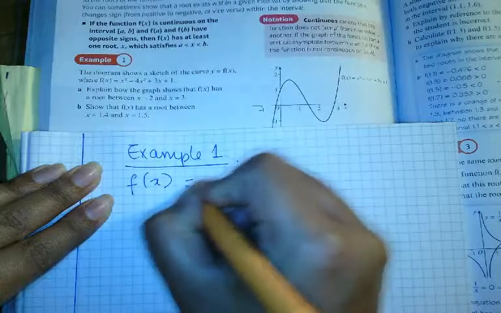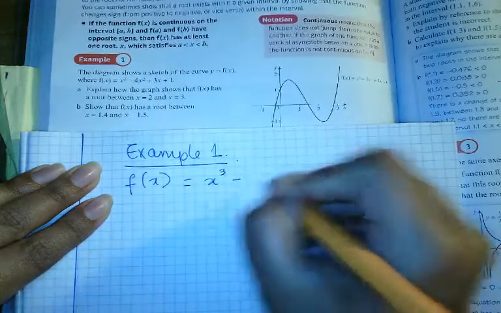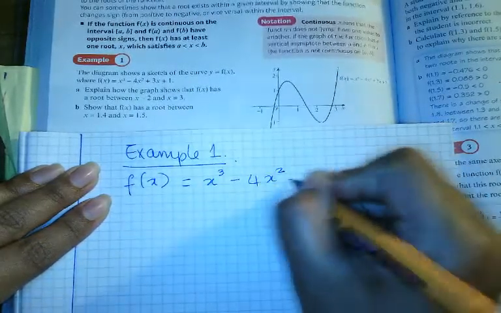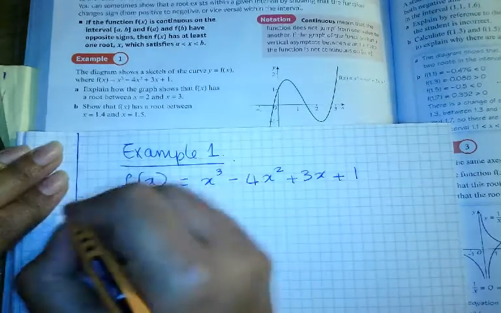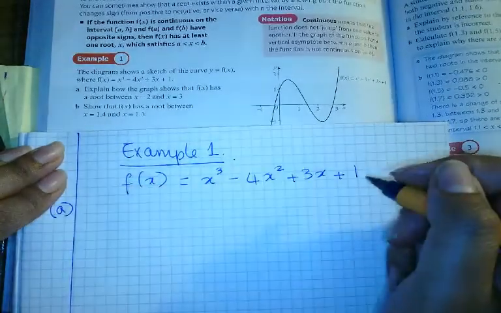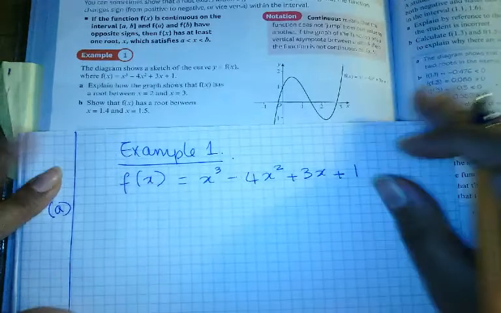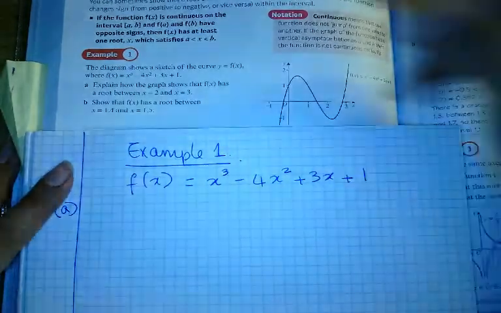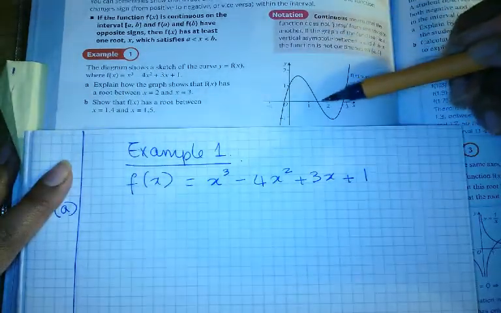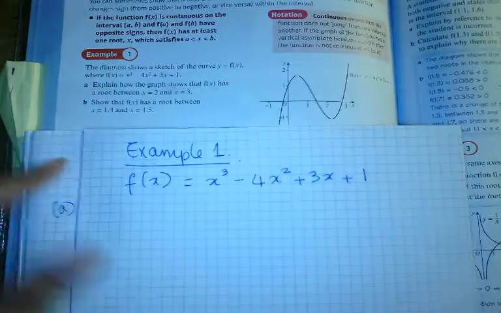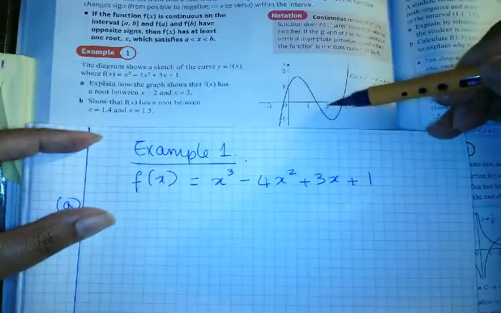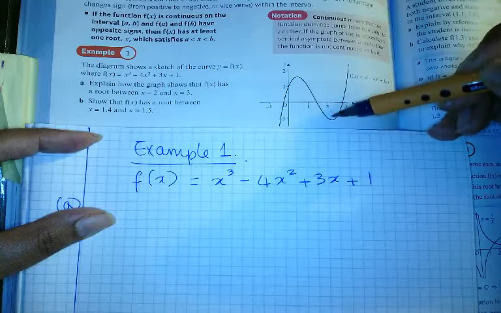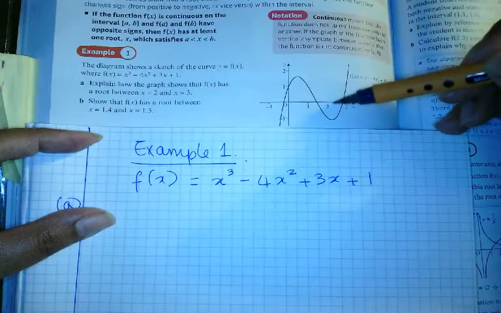So f of x is equal to x cubed minus 4x squared plus 3x plus 1. Explain how the graph shows that f of x has a root between x equals 2 and x equals 3. So here, all we are going to say is that by looking at the graph, there is a sign change.